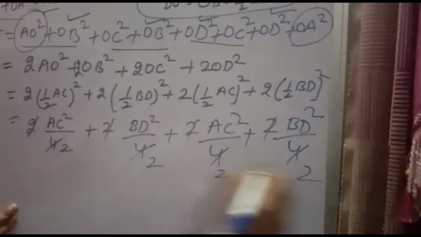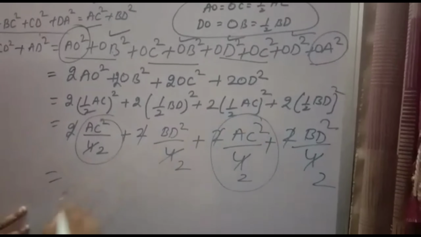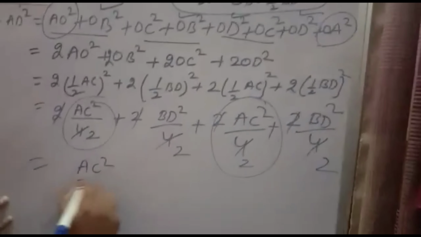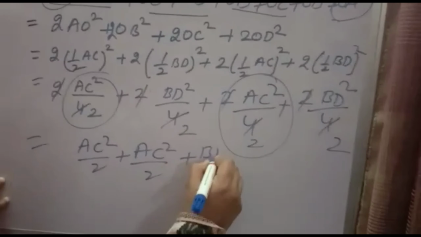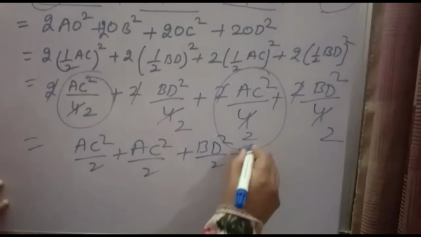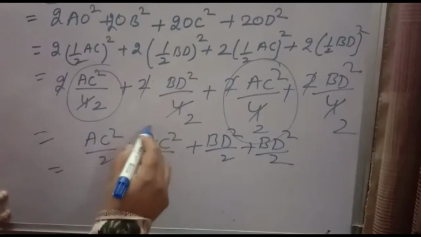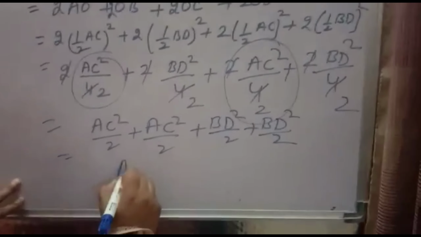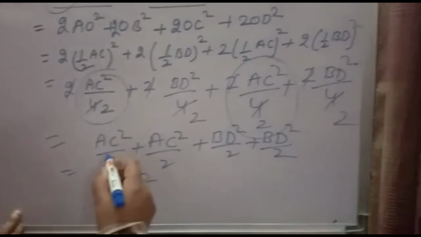Now AC square over 2 and AC square over 2 you can write together, and BD square over 2 and BD square over 2 you can write together. Half of AC square plus half of AC square means AC square; otherwise you can take the LCM and solve. Both methods are correct.